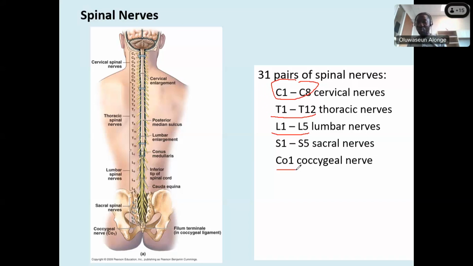The coccyx, even though it is 1, is made up of 3 to 4 bones. So just link that to know that the sacrum has 5 sacral nerves, and the coccygeal has only 1 nerve. All right, so that makes us 31 pairs.